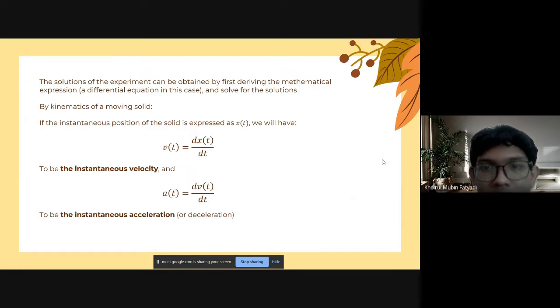If the instantaneous position of the solid is expressed as xt, we will have vt equals dxt over dt, the instantaneous velocity, and for acceleration, the instantaneous acceleration at equals dvt over dt.